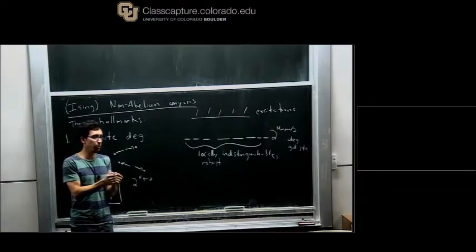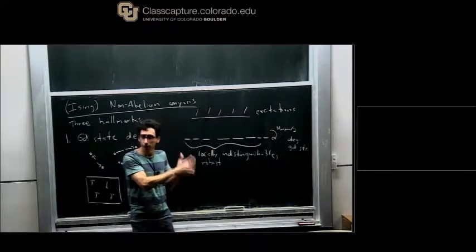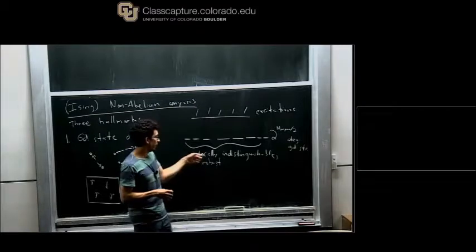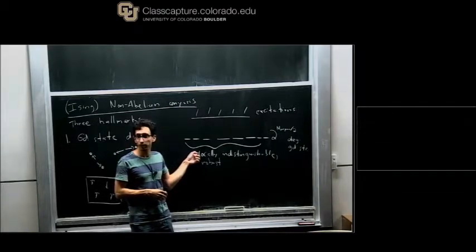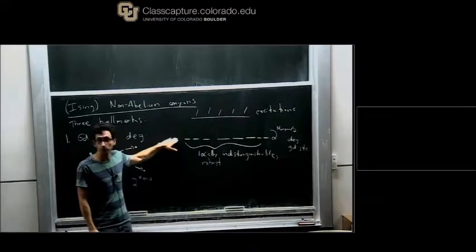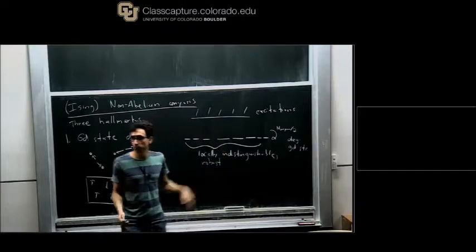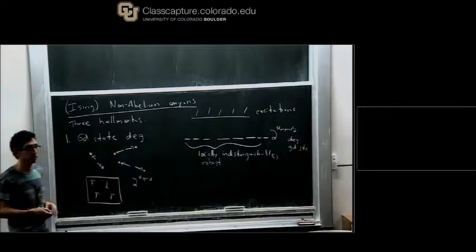So when the anyons are brought close together, this degeneracy gets worse and worse. In other words, splittings get bigger and bigger, and you lose this local indistinguishability property. But as you drag the anyons farther and farther apart, this degeneracy gets more and more perfect, and the states in that manifold become more and more locally indistinguishable from each other.